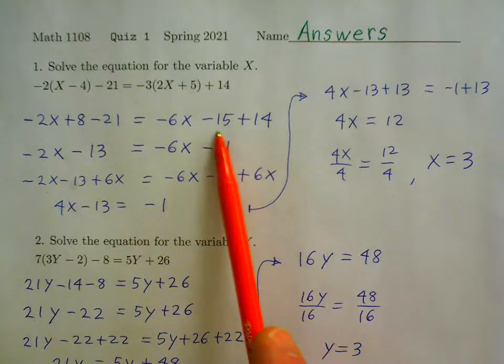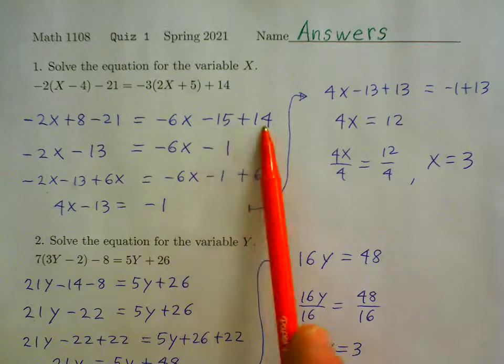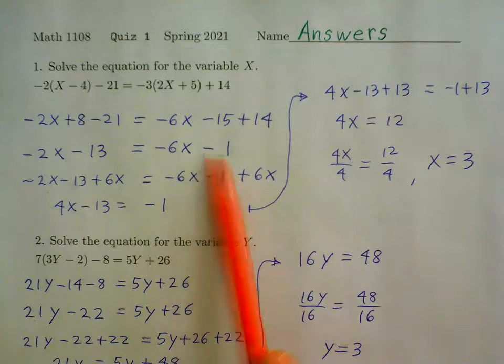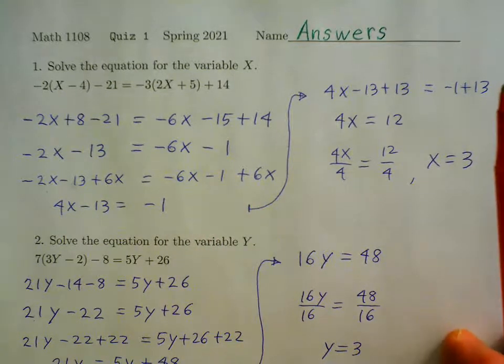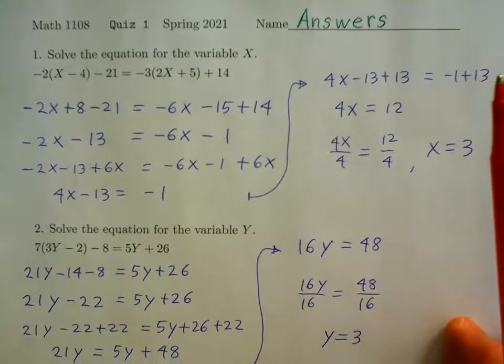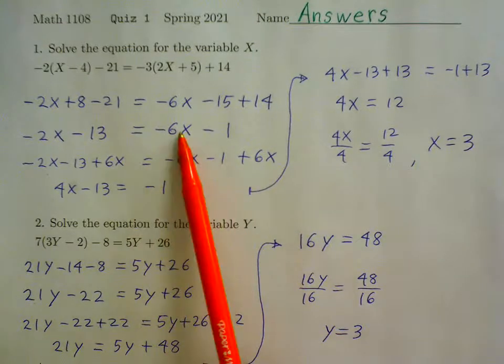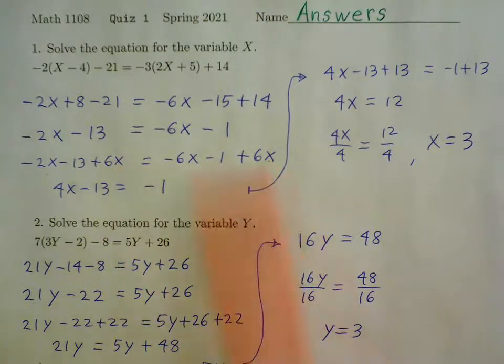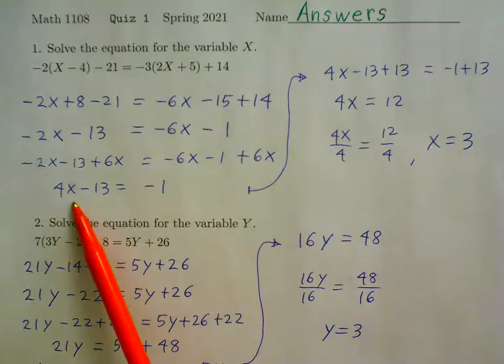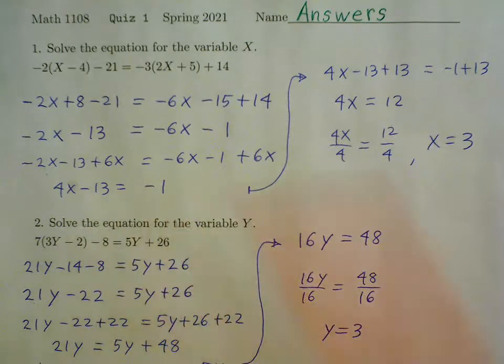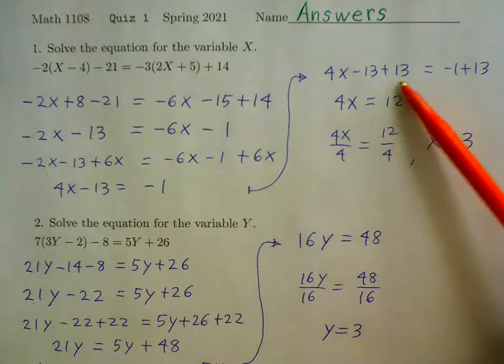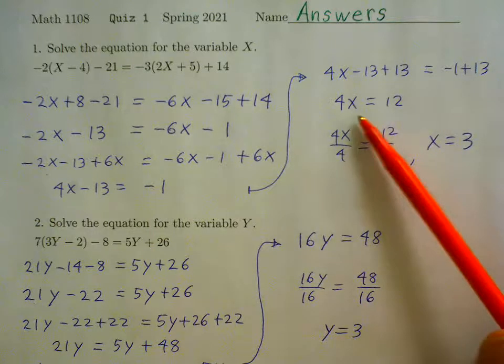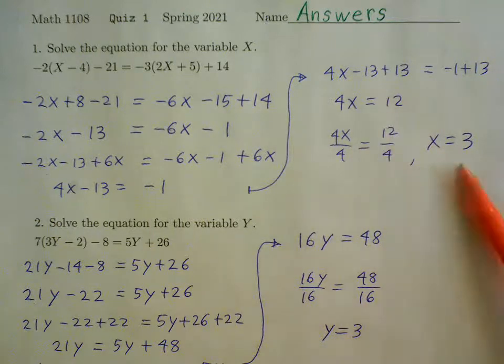And on the right-hand side, negative 15 plus 14 is negative 1, so we're subtracting 1. Okay, in the next step, I added 6x to both sides, so we get 4x minus 13 equals negative 1. Then add 13 to both sides, we get 4x equals 12 and x equals 3.